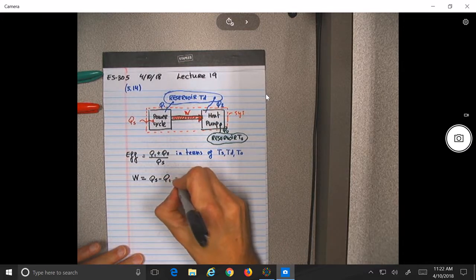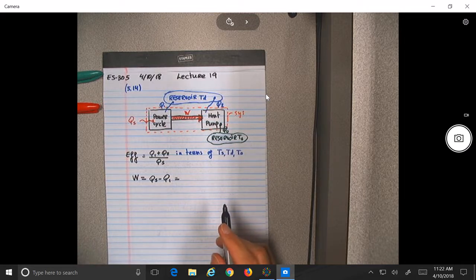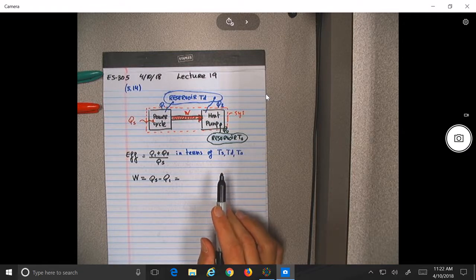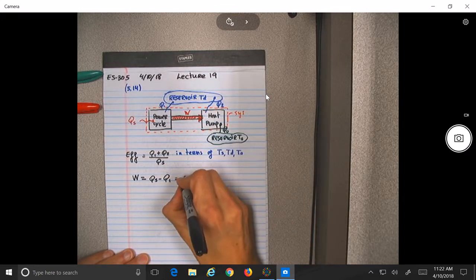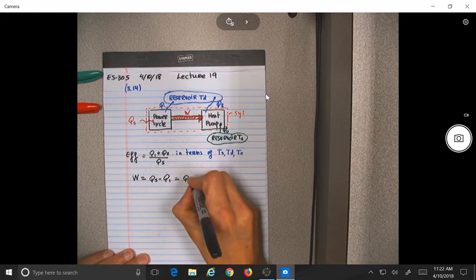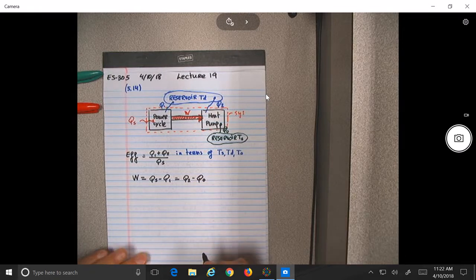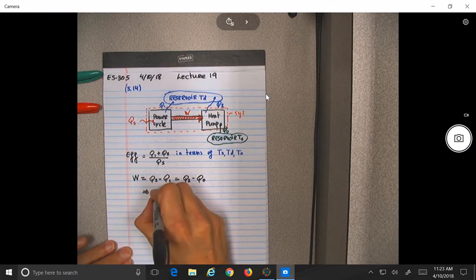Now for the heat pump cycle, what would that be? Be careful here, remember it's different, so what would that be? Which one is the hot one this time? So it's Q2, so the work will be equal to what? Q2 minus Q0, no? Yeah? So I can rearrange this. I'm just trying to find out equations.